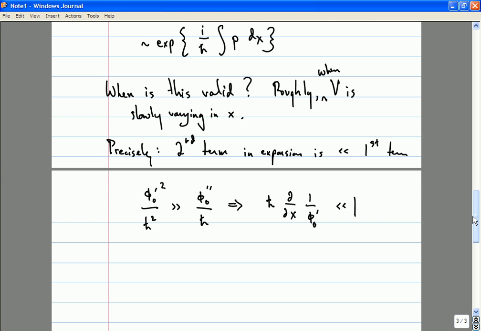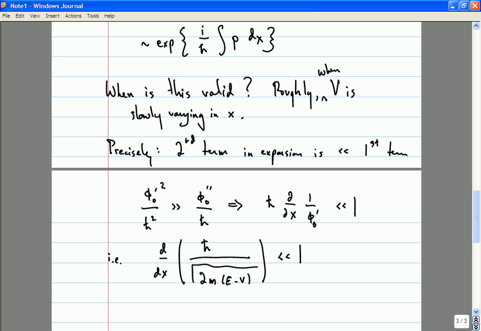Or, since phi naught prime is just equal to p, this is the statement that d by dx of h bar over p, which is h bar over the square root of 2m(E minus V), is much, much less than 1.